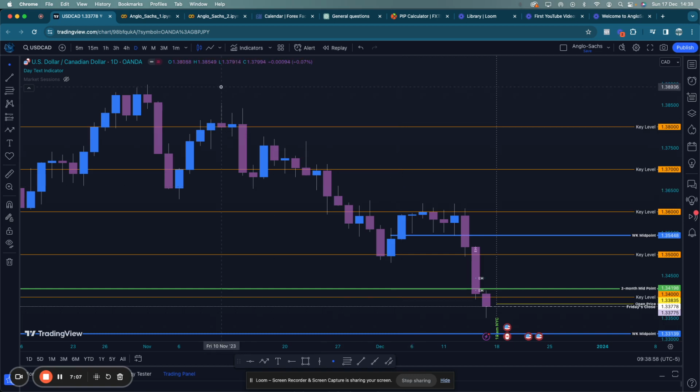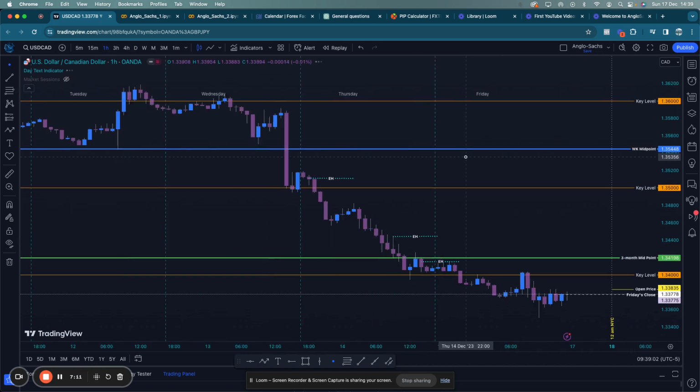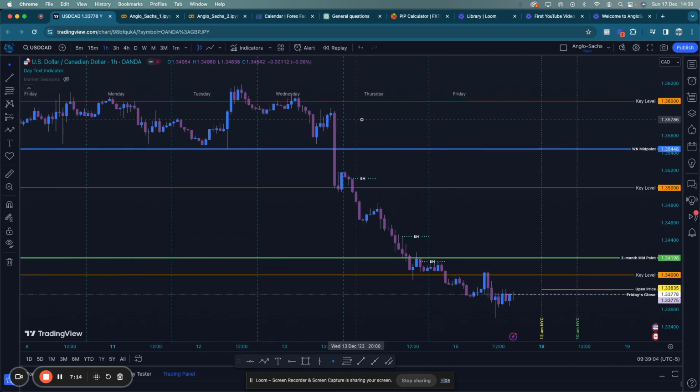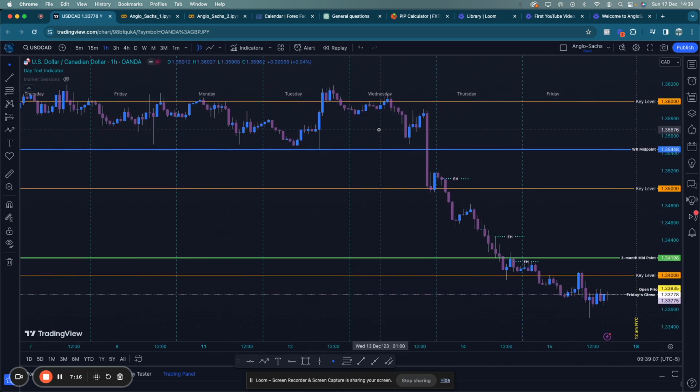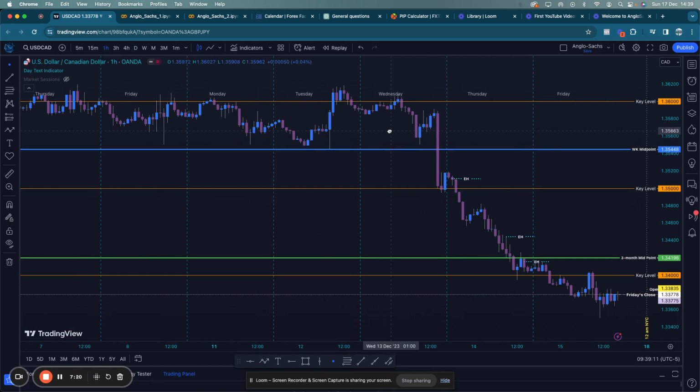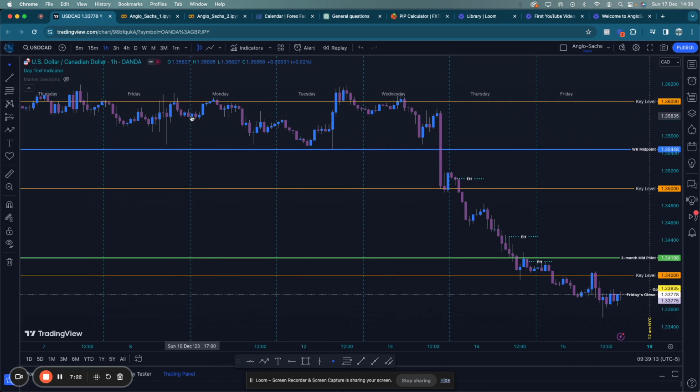Okay, so I'm going to drop down into a 1 hour chart, and this is where we are. And for reference purposes, this is how I set my charts up. I like to have the days of the week here, and there's an indicator called the day text indicator that helps me understand where I am each day in the market.